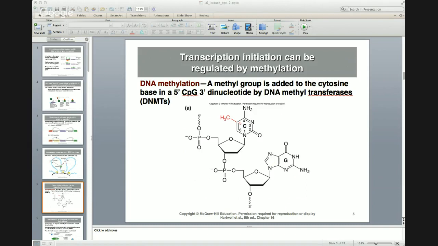When the text refers to CpG, it's referring to cytosine and guanine that are next to each other.